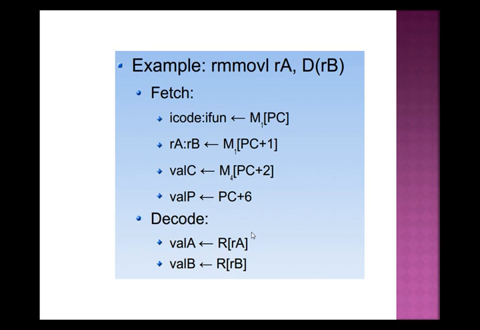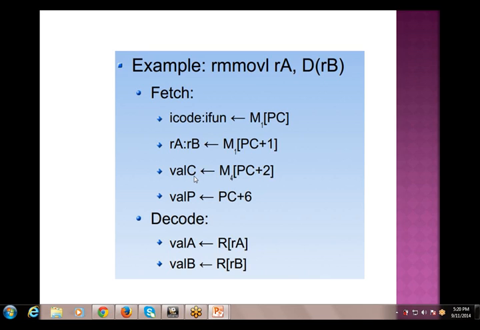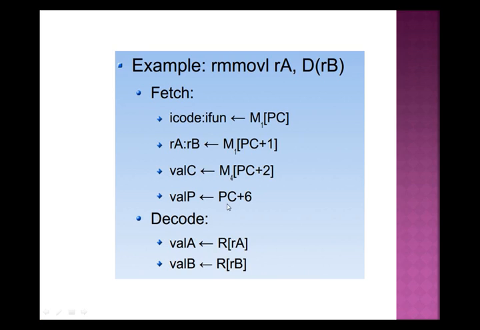That is how to fetch the instruction. First is icode:ifun <- M1[PC], that is using the program counter to read the instruction byte into icode and ifun. Then rA:rB <- M1[PC+1], reading the register byte from memory at PC plus 1 into rA and rB. Next, valC <- M4[PC+2], reading from memory into valC. This uses only the PC, the program counter, which holds the address of the next instruction.